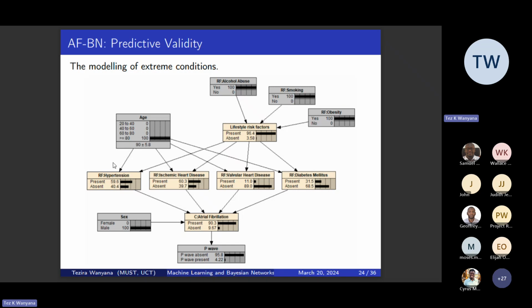So those are the three ways that we check the predictive validity of what we have decided, in this case, a Bayesian network that we have decided to put in our agent.